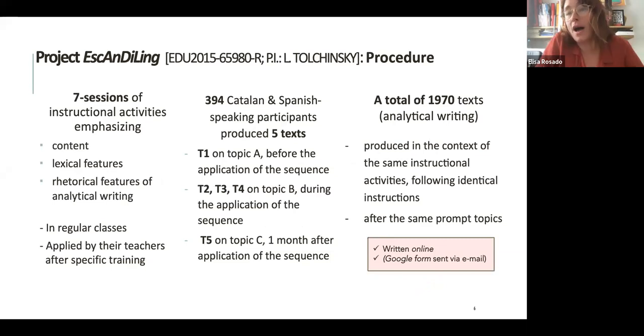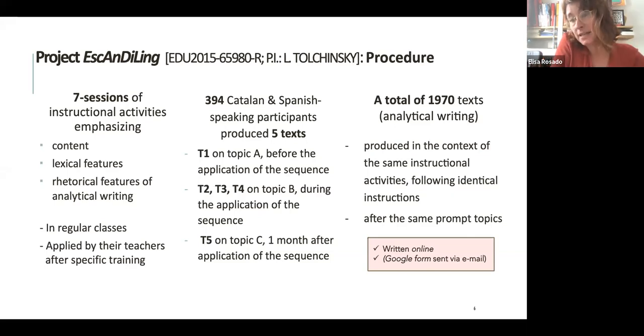And we did not collect the texts we analyzed in the context of this project, but they lent us the texts that had been collected in a previous project, the principal investigator being Liliana Tulczynski.